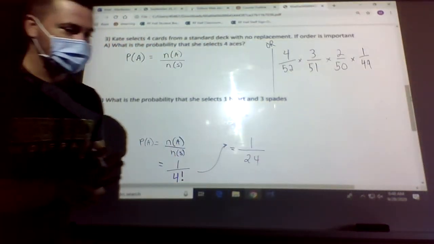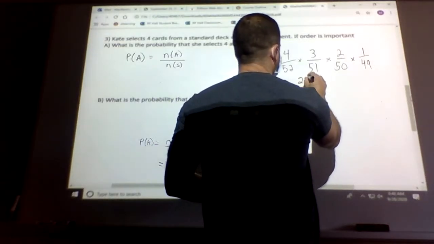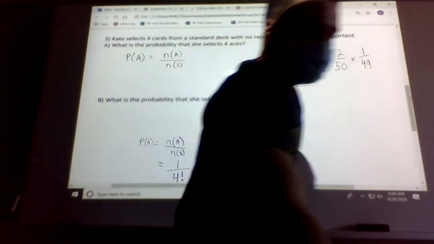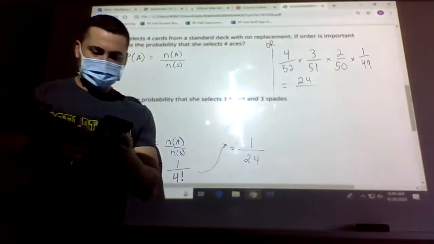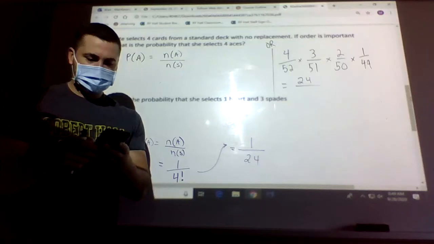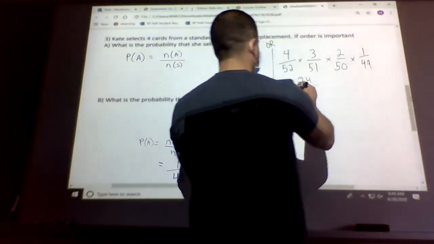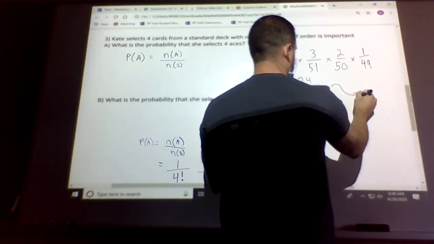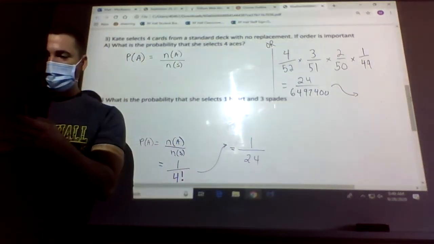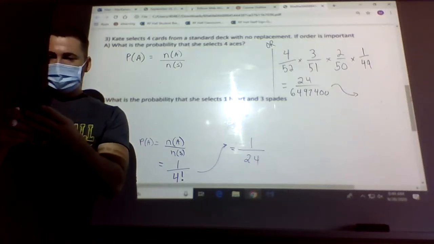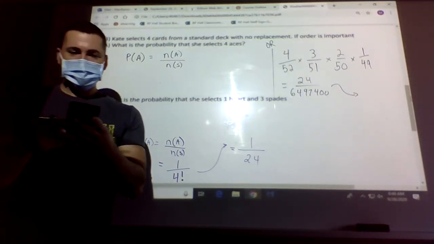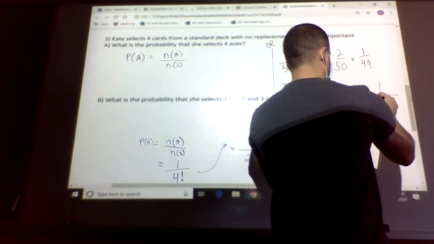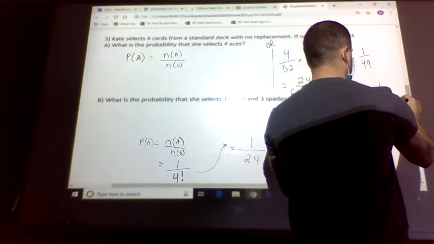So we get 24 over some monster number. Remember, you have a fraction button on your calculator that can reduce it for you. When you reduce it, you get 1 over 270,725.